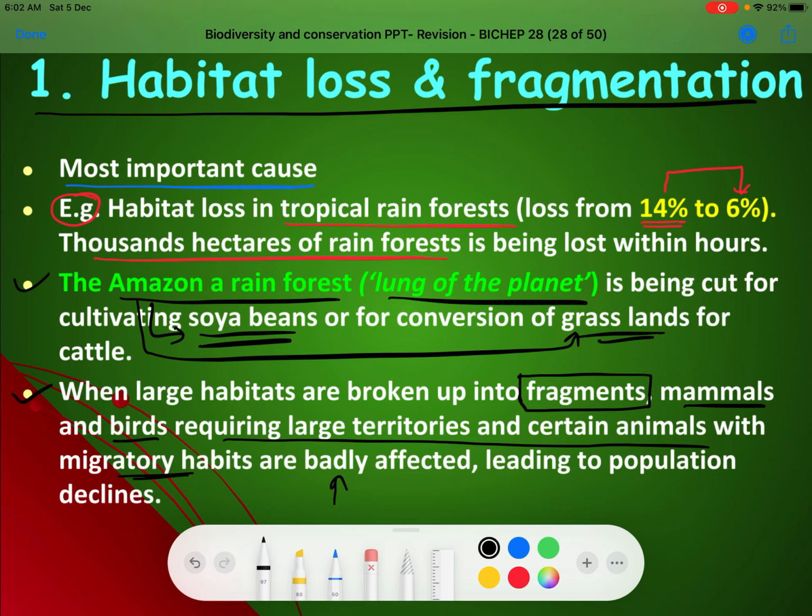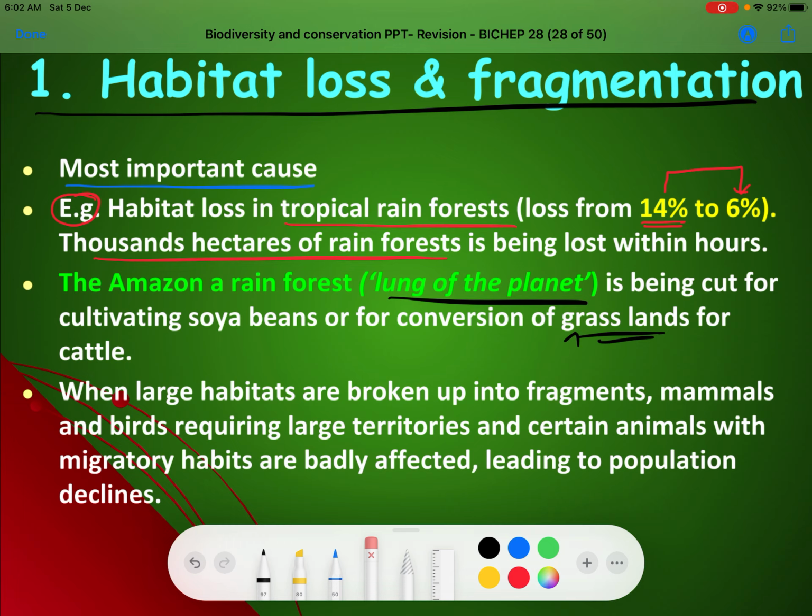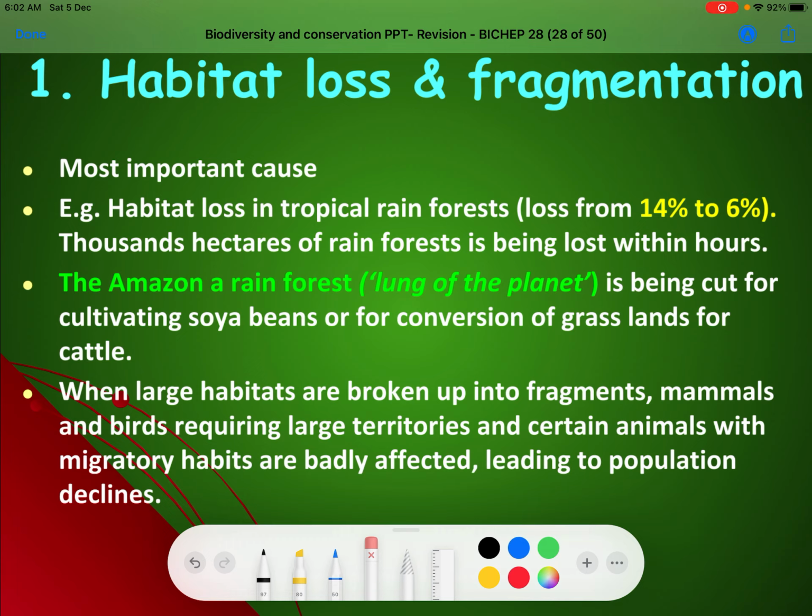So mammals and birds with migratory habits are badly affected, leading to their population decline. So they fall into extinction. Day by day, their number is getting lower. So this is the first and most important cause affecting biodiversity loss.